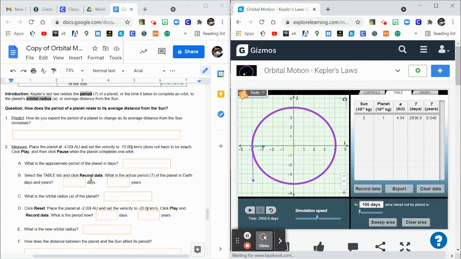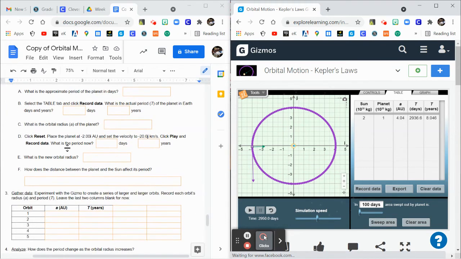So that is what that means. What is the orbital radius of the planet? There it is, 4.04. Okay. Click reset.